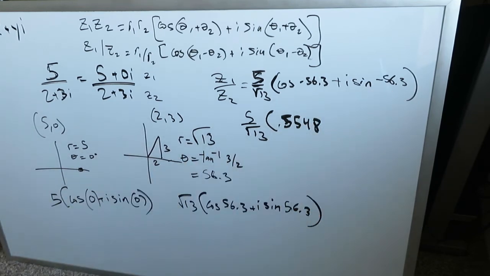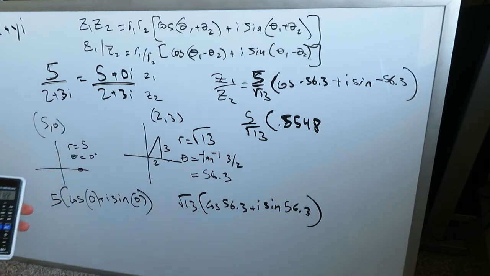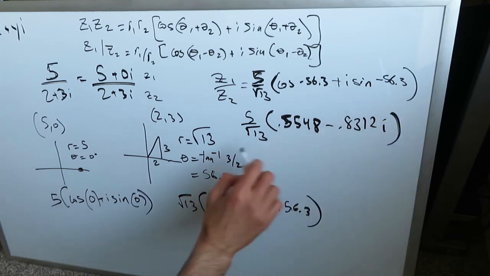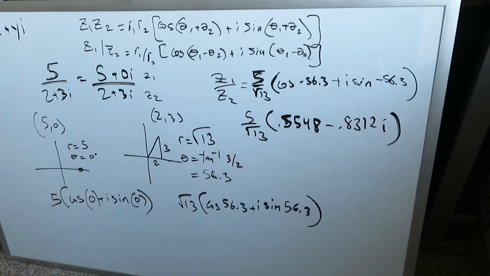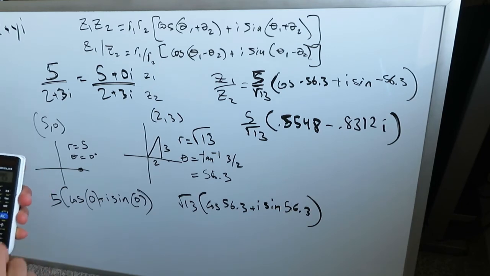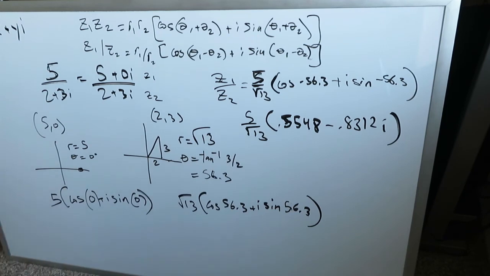Sine is negative there. Sine of minus 56.3 gives you a minus 0.8312i. You can open all of this. You're going to have to get a decimal answer for 5 divided by root 13. 5 divided by root 13 gives me 1.38. You have to multiply 1.38 individually with all of this. Times 0.5548, I get 0.769.